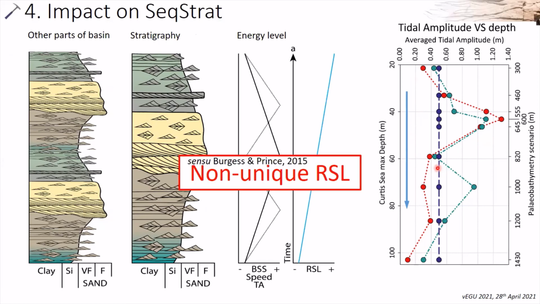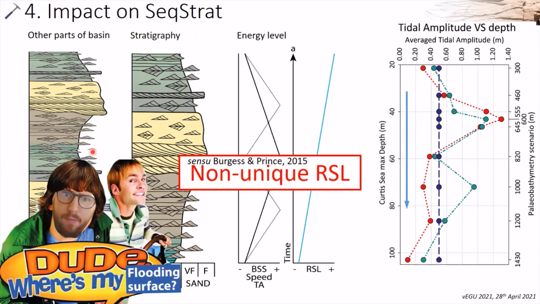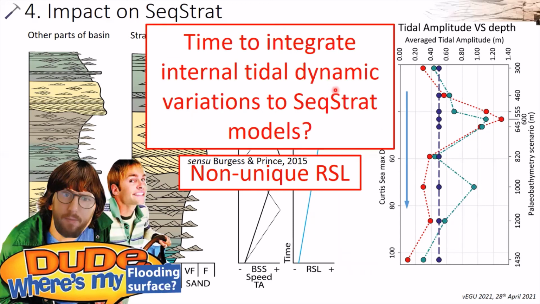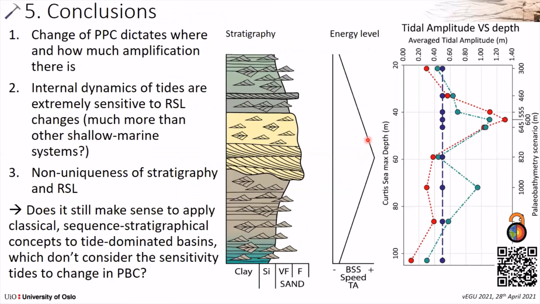When we have a non-unique relative sea level, which can develop completely different stratigraphy, where is my flooding surface? How do you correlate these two parts of the basin, even though they underwent the exact same relative sea level history? So, is it maybe time to integrate this internal tidal dynamic variation into our classic sequence stratigraphic models? So I will stop there.